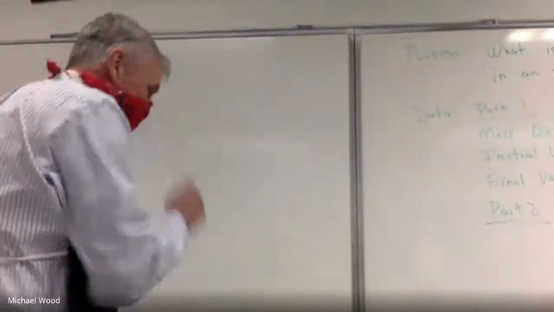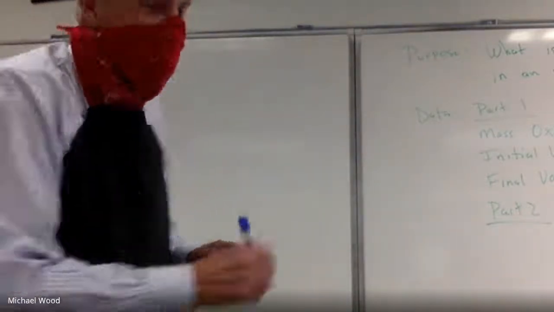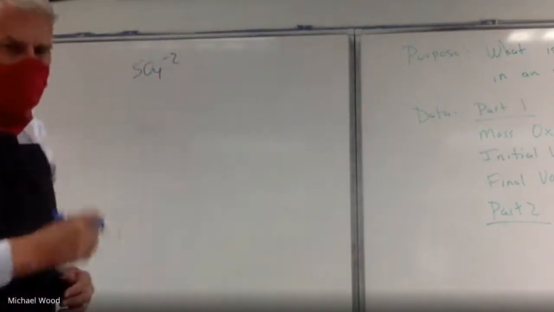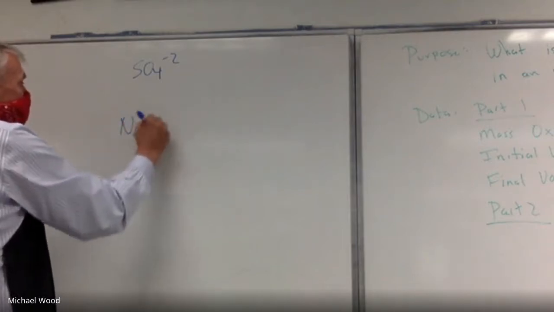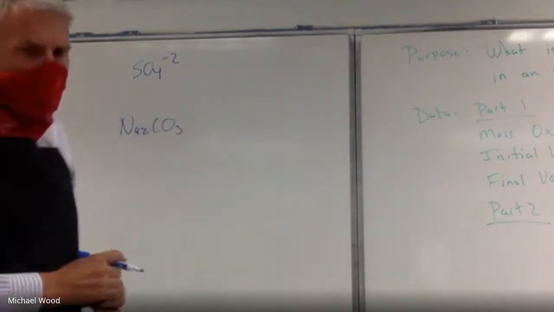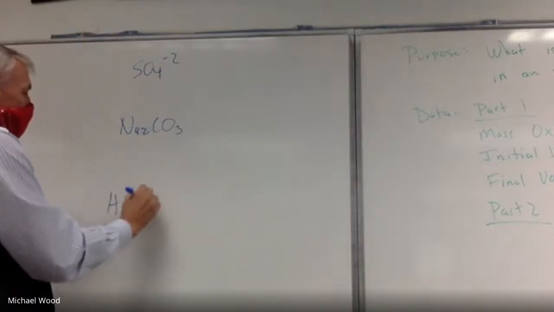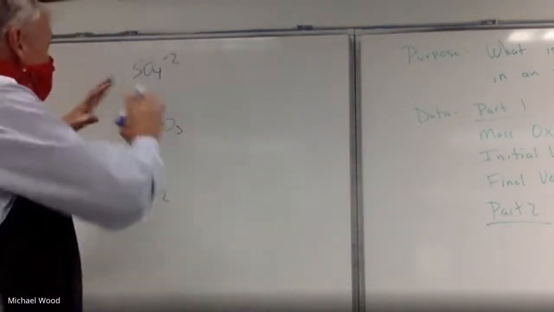What we're doing is oxidation numbers. So what I said is SO4 -2, and Na2CO3, and HPO4 -2. Okay, and what I wanted to do here was assign oxidation numbers for all the elements.